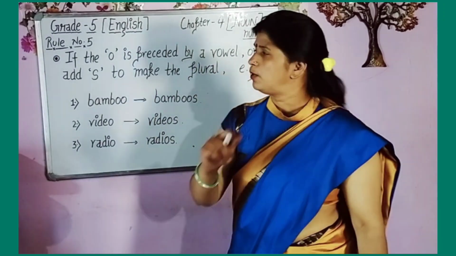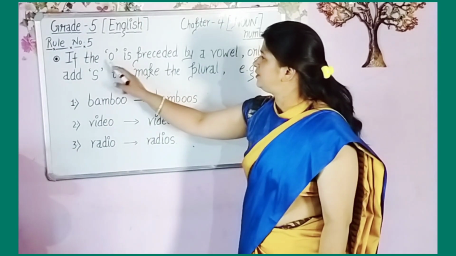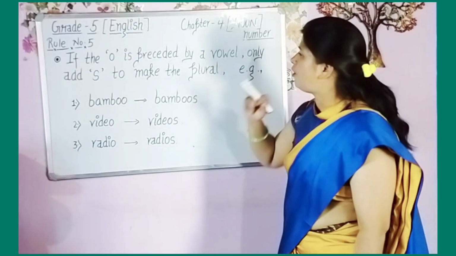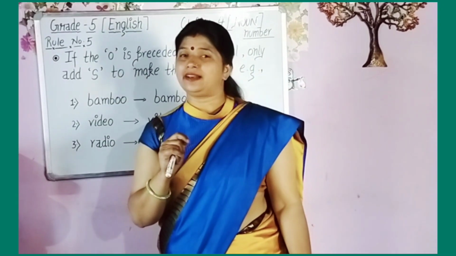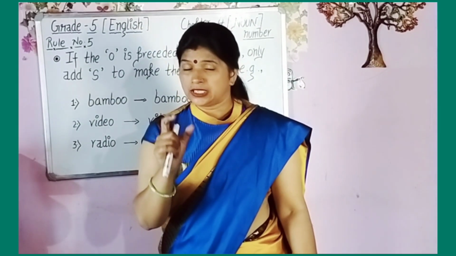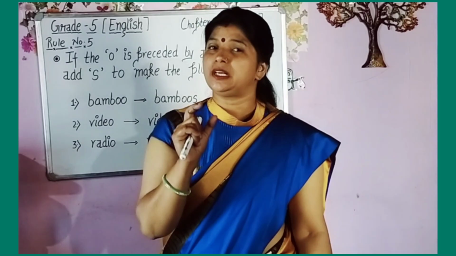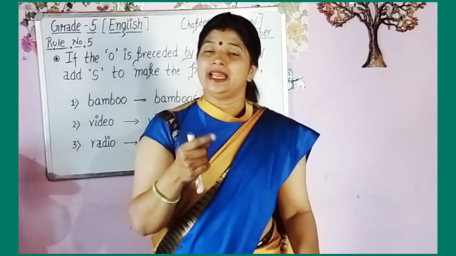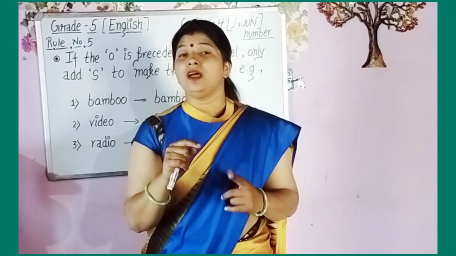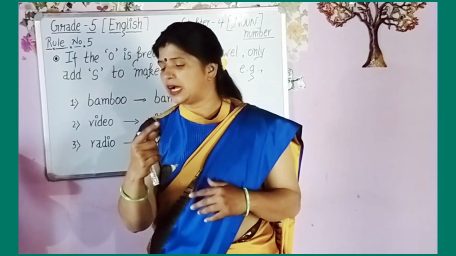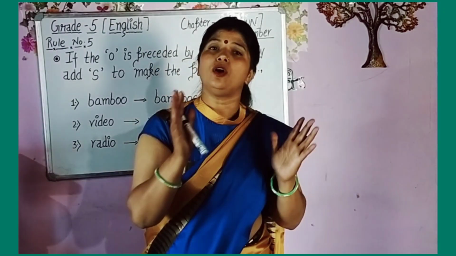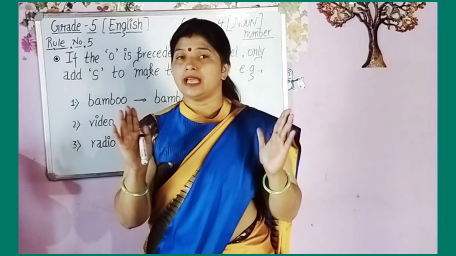So there is one more rule: if the O is at the last of the noun, and it is preceded by a vowel, then to make it plural we add s to it.